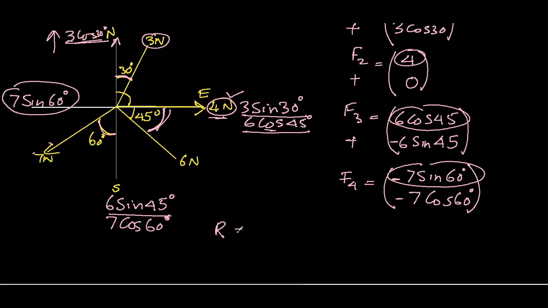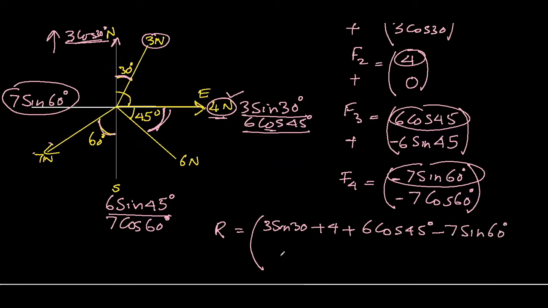Resultant force: 3 sine 30 from F1 plus 4 from F2 plus 6 cos 45 degrees from F3 minus 7 sine 60 from F4. Y component: 3 cos 30 plus 0 minus 6 sine 45 degrees minus 7 cos 60 degrees.